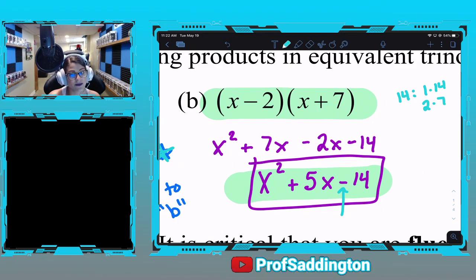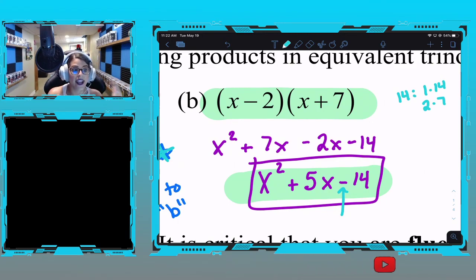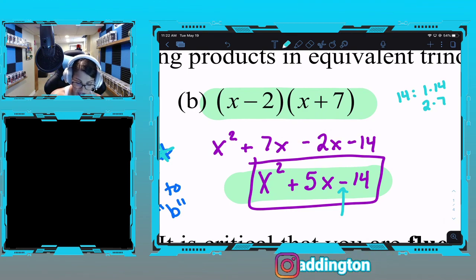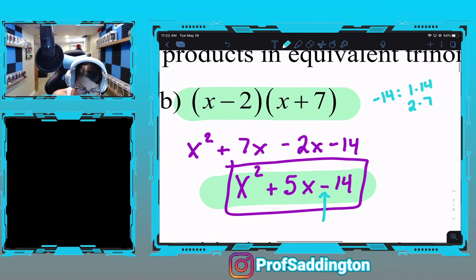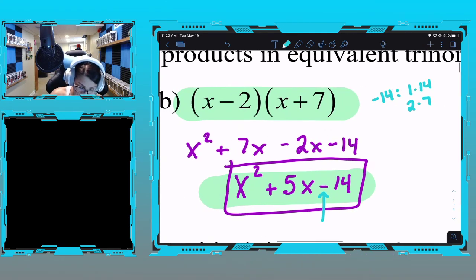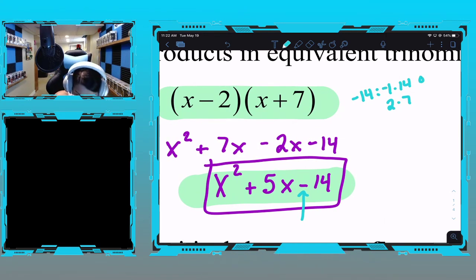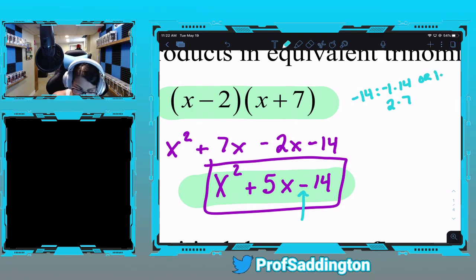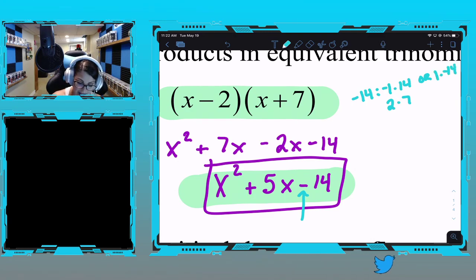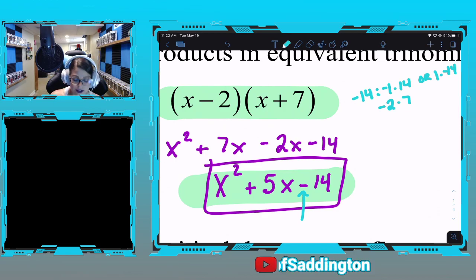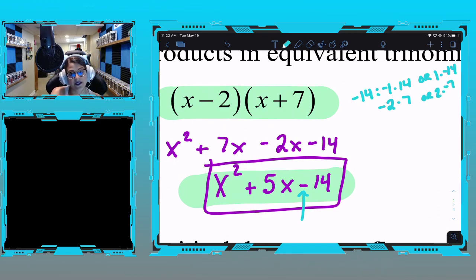So something times something must give me a negative 14. So when I think of negative 14, I've got a couple options here. I can do negative 1 times positive 14, or positive 1 times negative 14. I can do negative 2 times 7, or 2 times negative 7.